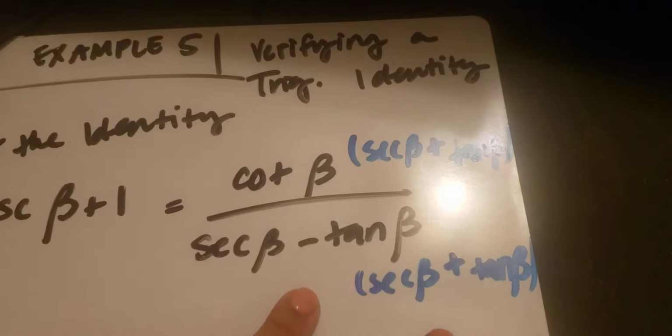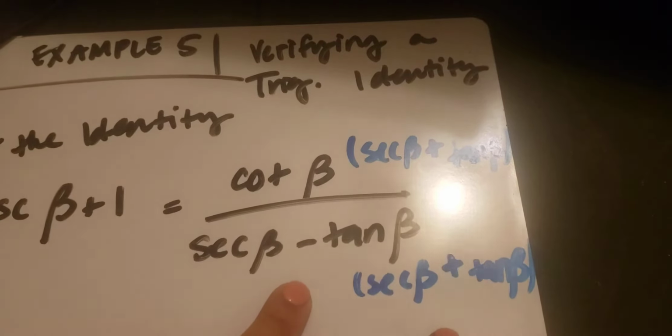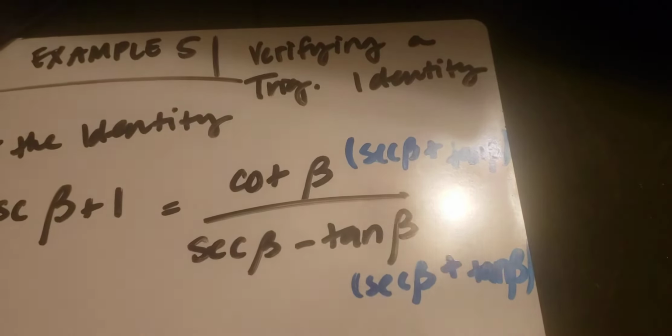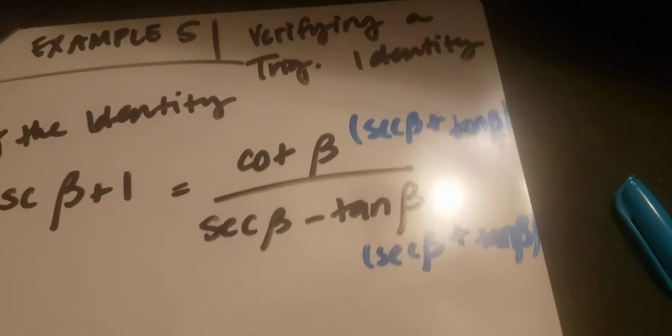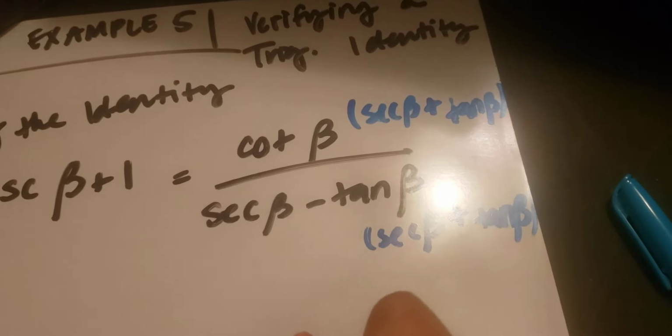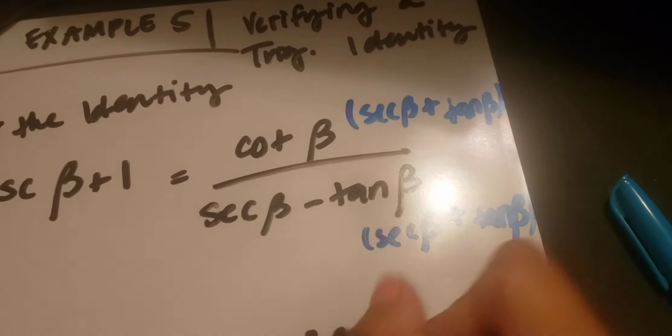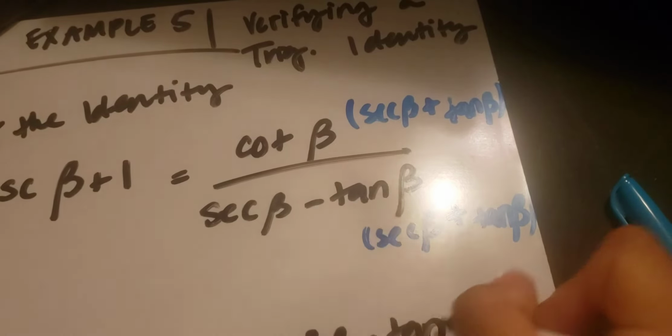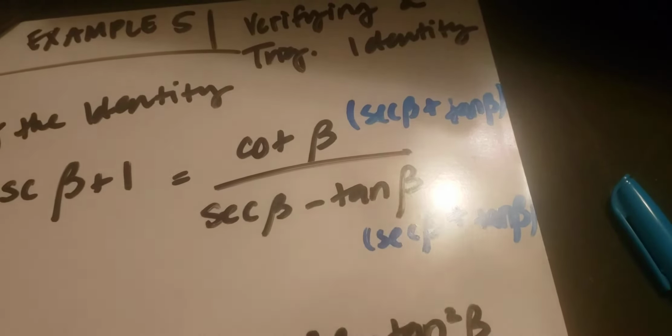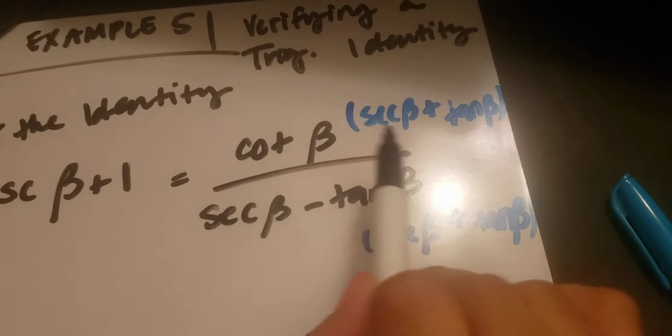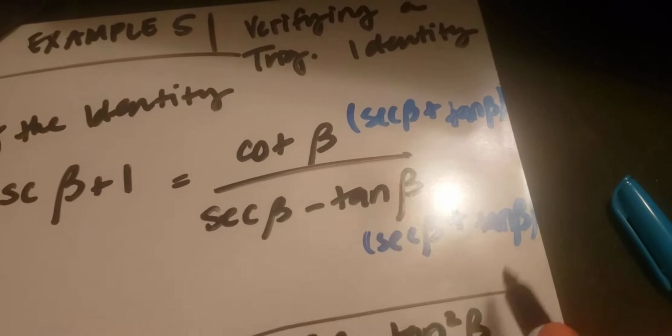But I recognize that when my factors are minus and plus, I'm going to get secant squared beta minus tangent squared beta, okay? And the top, I can see they're completely different, so I'm just going to leave them as factors.